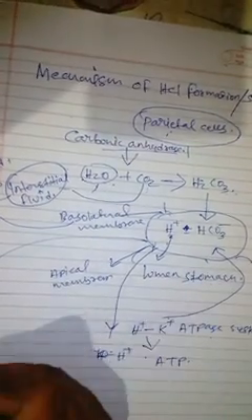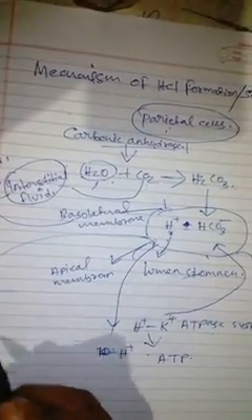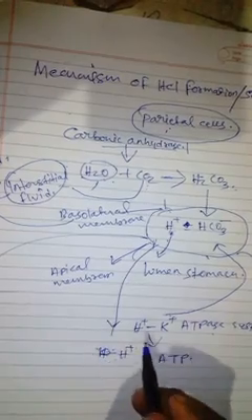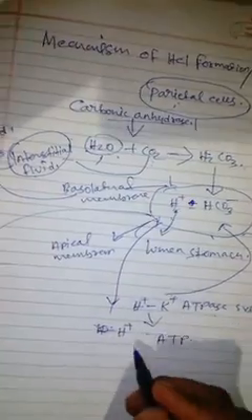Okay, fine. So for HCl we already got the H plus in the lumen. Now, where does the Cl come from?